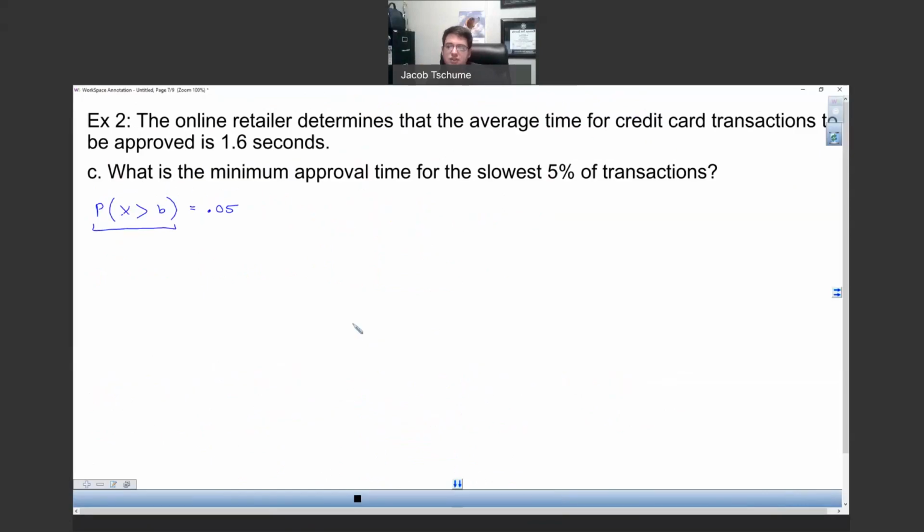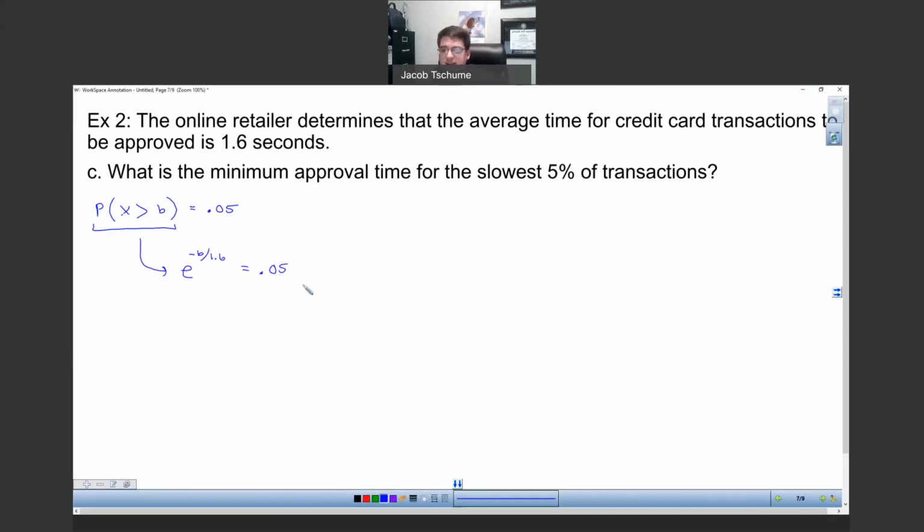So what we could actually say without having to work this out is that this is going to end up being E to the negative B over 1.6. Now you can go through the integration technique again, but you should get the exact same result. And I know that this should equal 0.05. There's a way you can save yourself a little bit of time in the process.